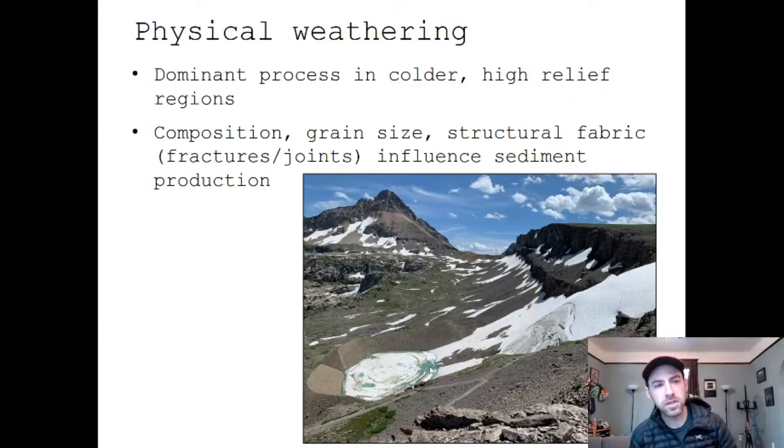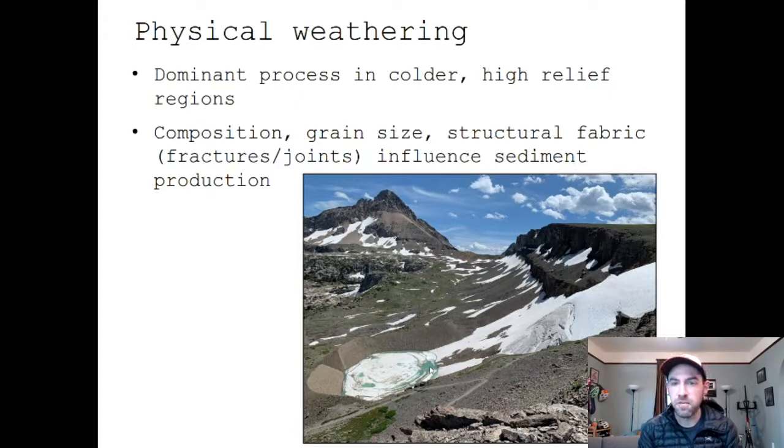Physical weathering processes are generally considered to be dominant in colder, higher relief regions. So if you're in a glacial or an alpine setting, for example, you're more likely to have your weathering dominated by physical processes rather than chemical processes.